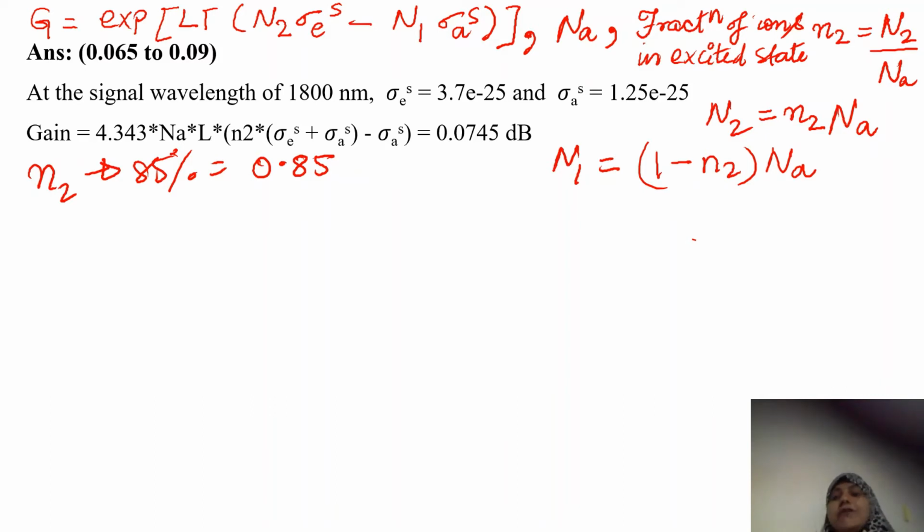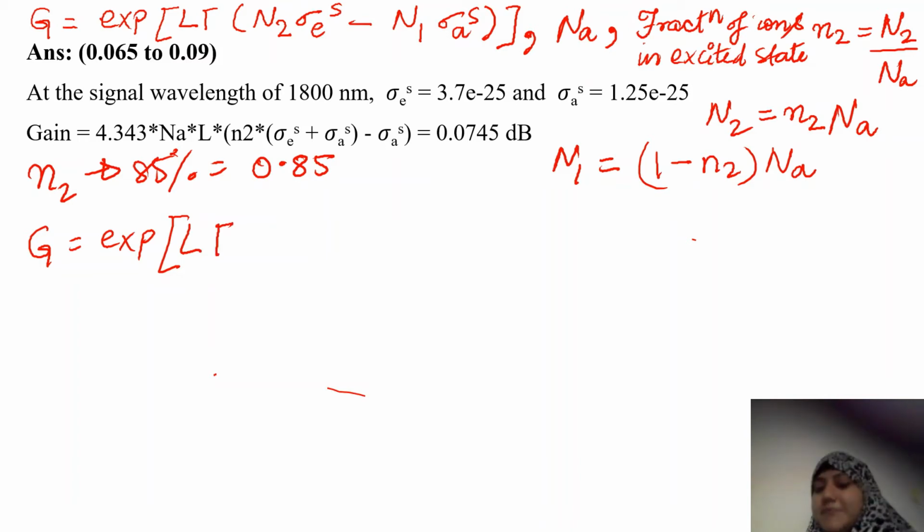Now what are we supposed to do? We just plug in this capital N2 and capital N1 into this gain expression and find the gain. So G is equal to exponential of the length of the fiber times the pump signal overlap, times what? We like to write the number of atoms in the excited state in terms of the concentration and the fraction of ions in the excited state.